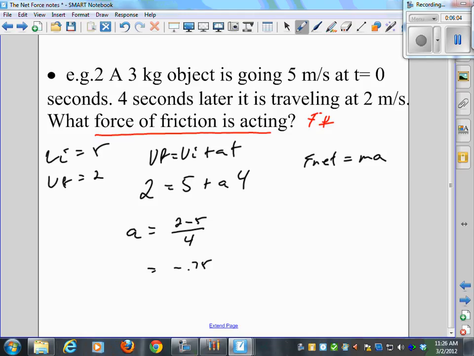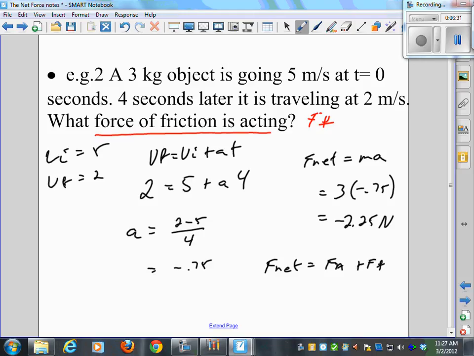I've got a mass of 3. My acceleration is minus 0.75, giving me an overall net force of 3 times 3/4, which is 9/4, or 2.25. And now F net is equal to FA plus FF.